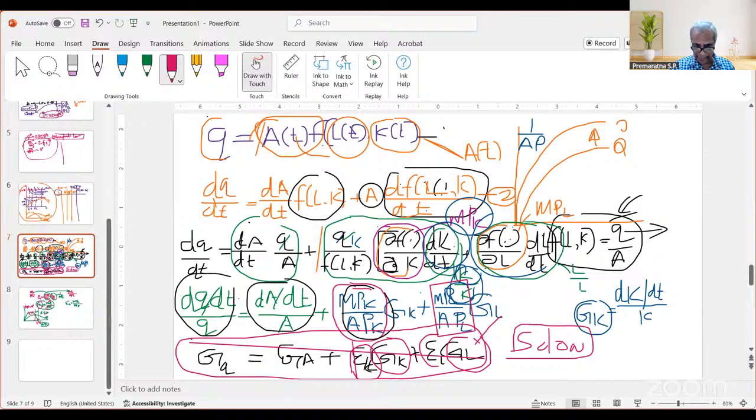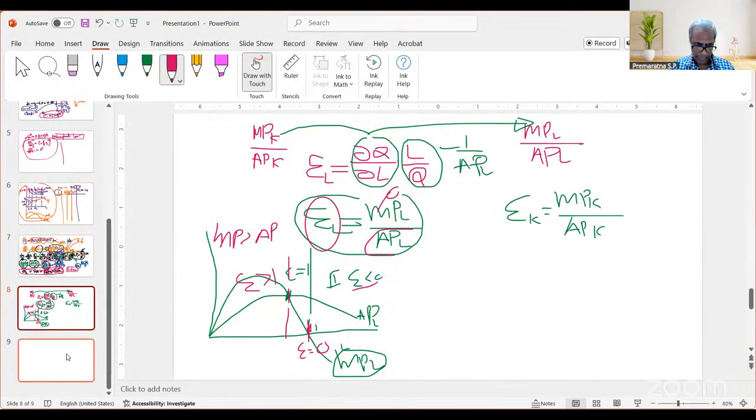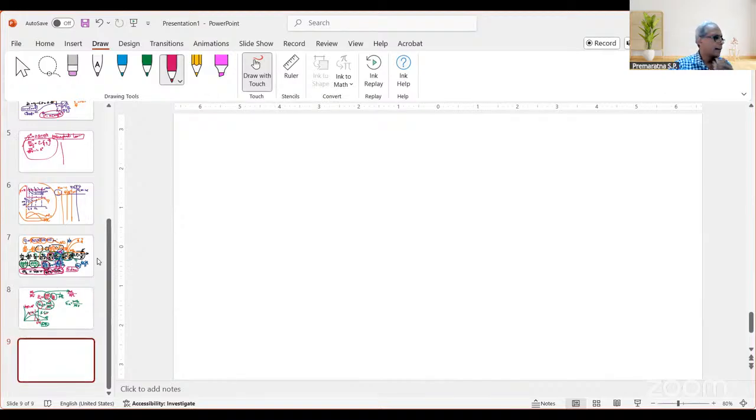What he did really in 1956, if I remember, he estimated his original model using USA economic growth data from 1909 to 1949.